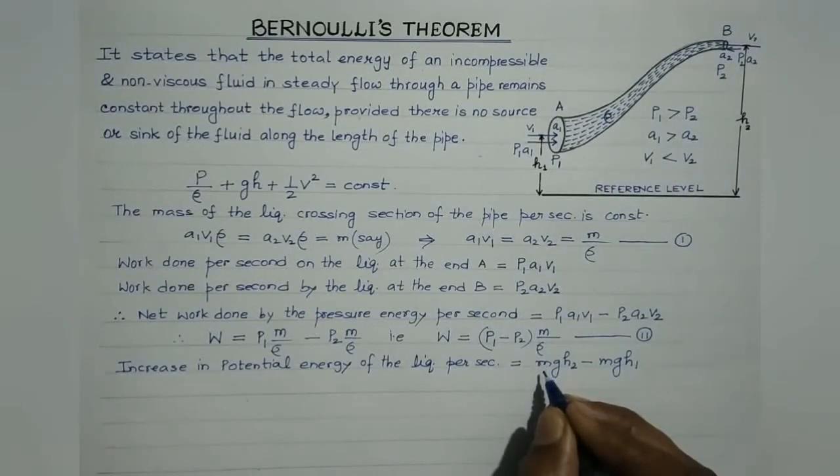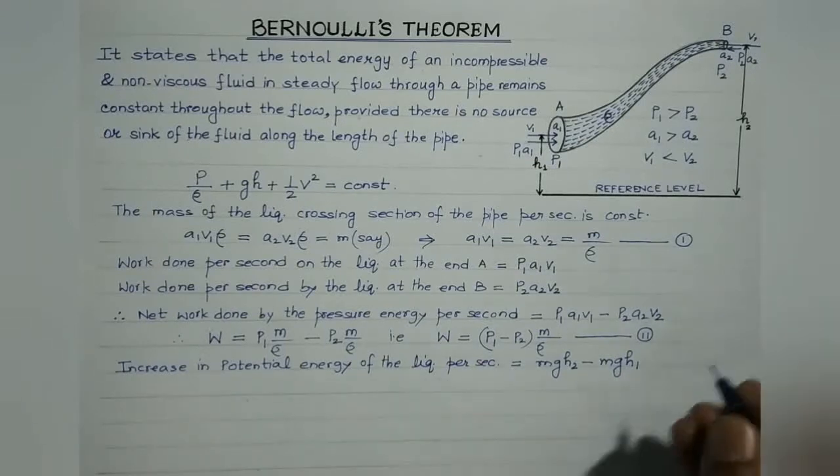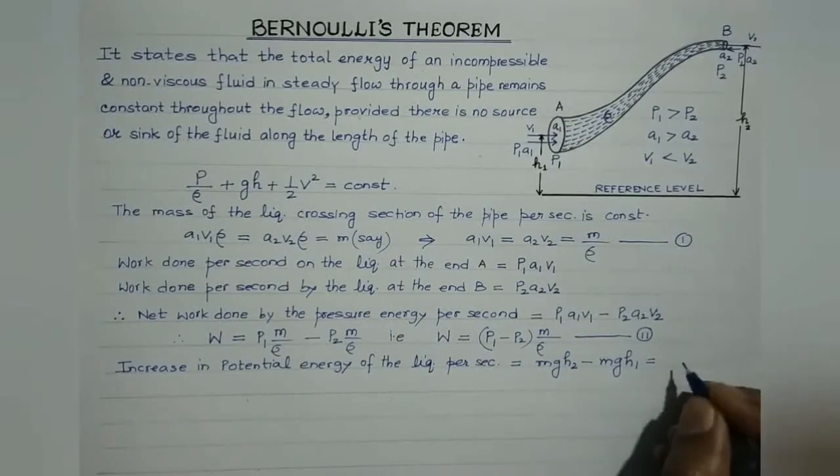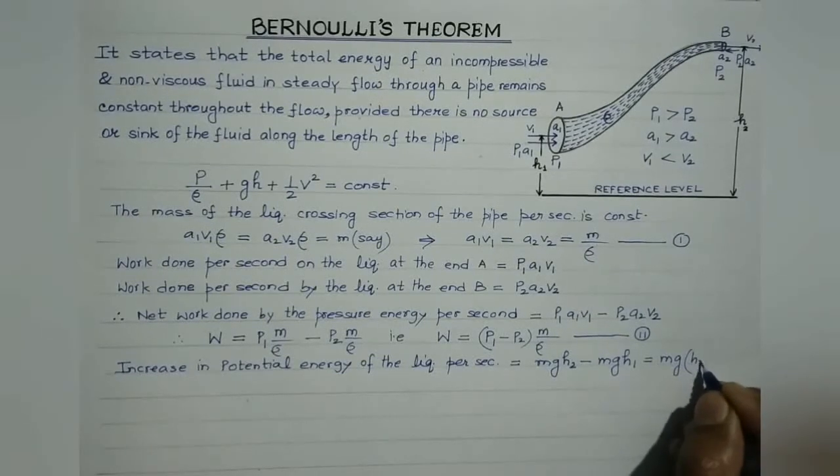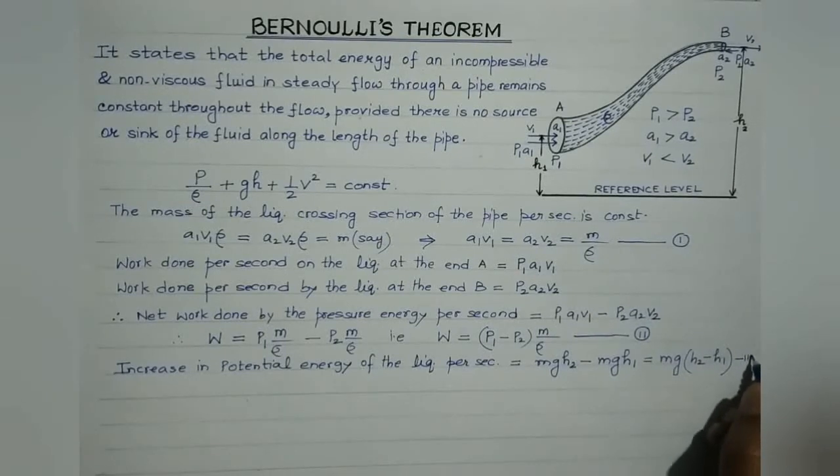And m is the mass that is crossing per second. So it will be mg(h2 minus h1). Put this as equation number 3.